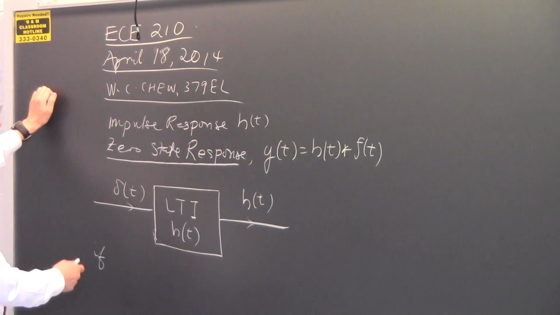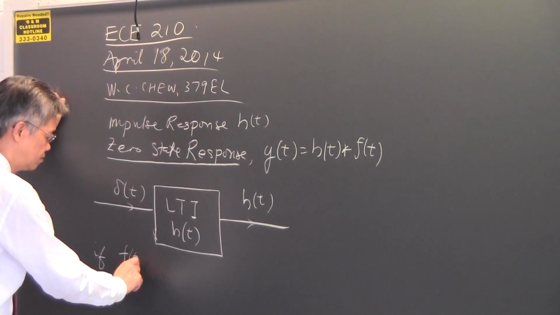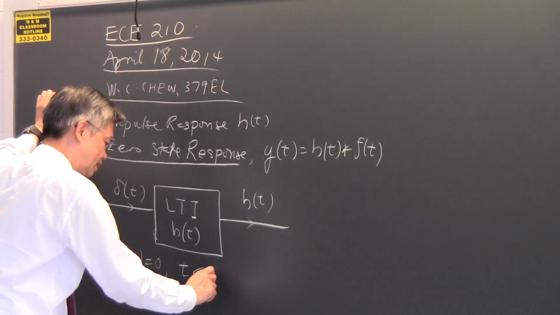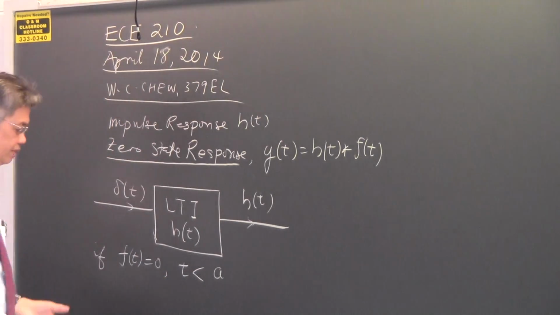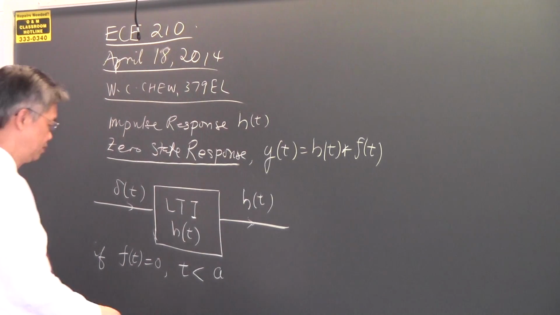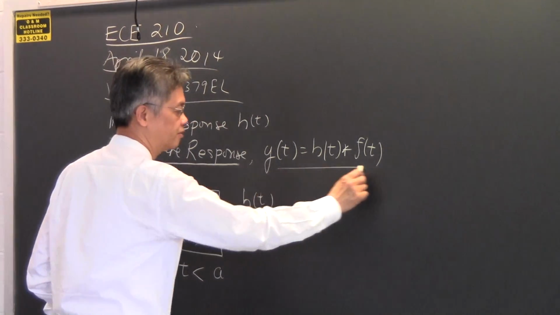If the input, say f(t), is equal to 0 for t less than a certain value, say a, which means that there was nothing there before you turn on the switch, and after you turn on the switch, when the input comes about, then the output would be given by this value.